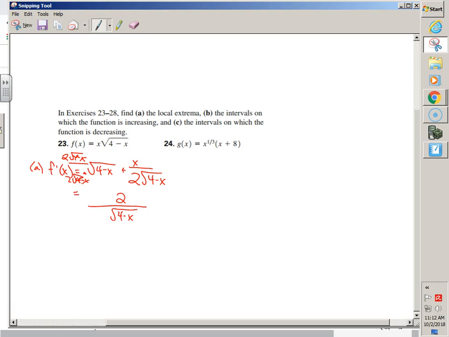You get 8 minus 2x. That might have been what happened, because you would have needed to multiply by this top and bottom, and then the square root squared cancels. I didn't multiply the 2 in. Yeah, so that'd be 8 minus 2x plus x. I think that'd be 8 plus x.